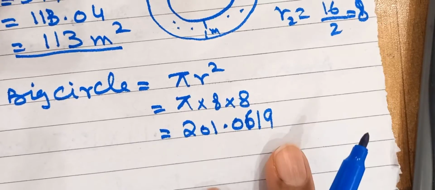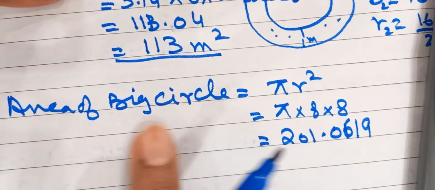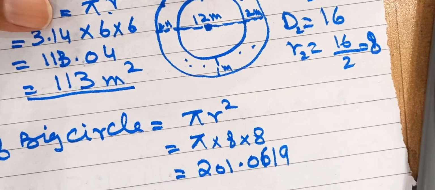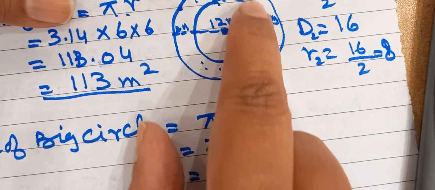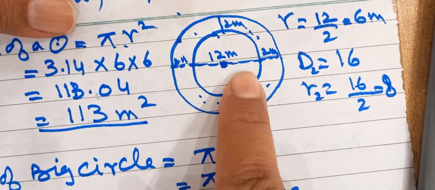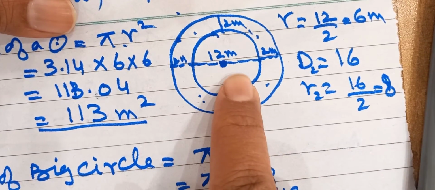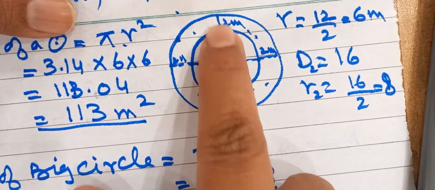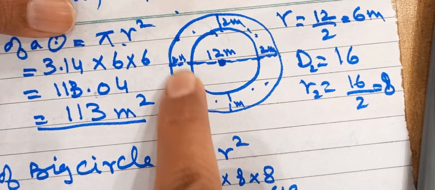Now to get the area of the path, this is the area of the big circle. I have written area of the big circle, not area of the path, because in this big circle, the inner circle is also included, which is the area of the pond. We are not going to tile the pond, we just have to tile the outer path.